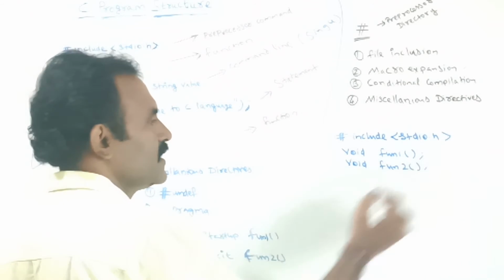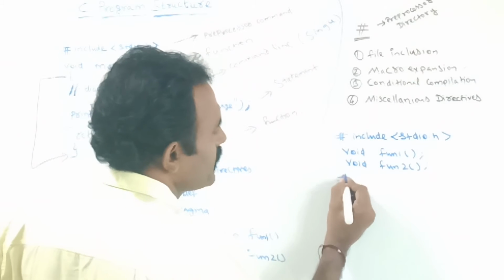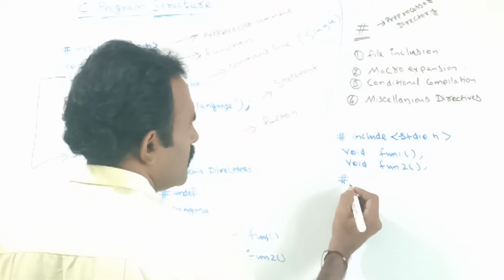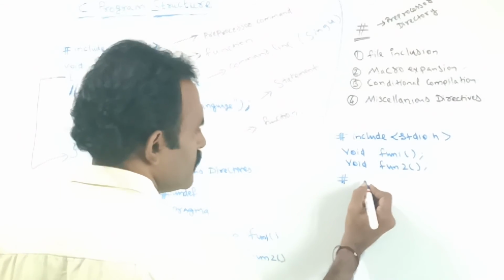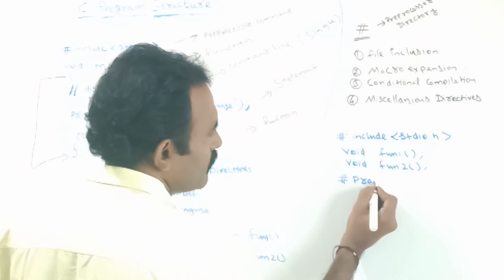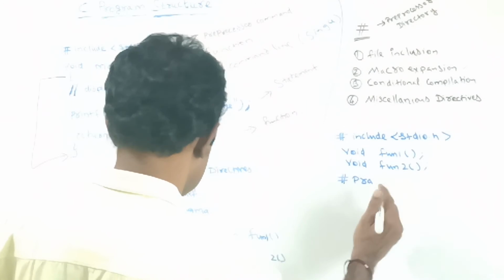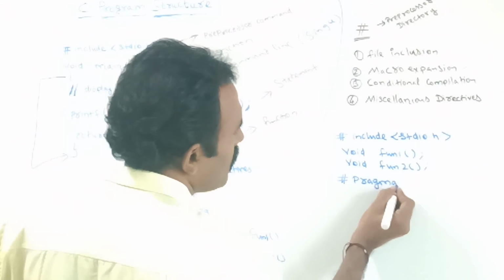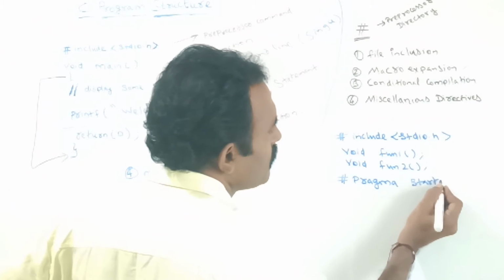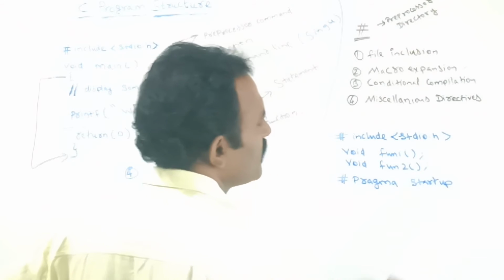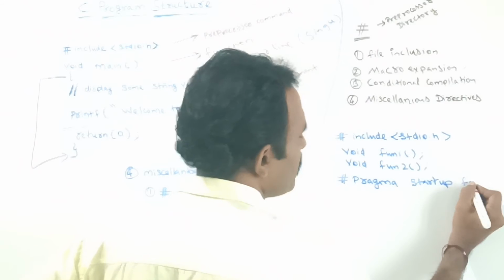This is the function declaration. Here I am using this preprocessor directive, Pragma startup. We can define the function, and that function will be executed at the very first.